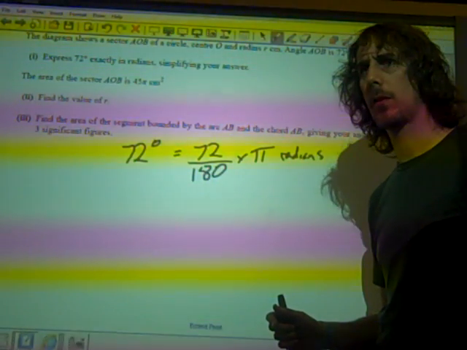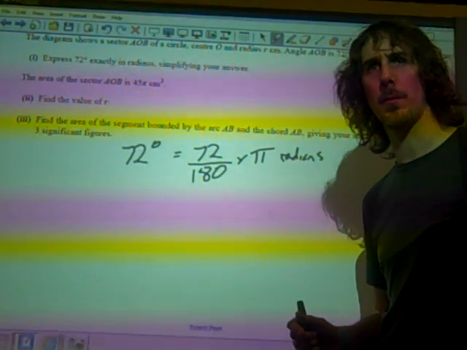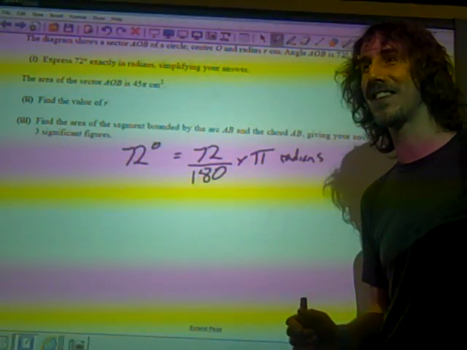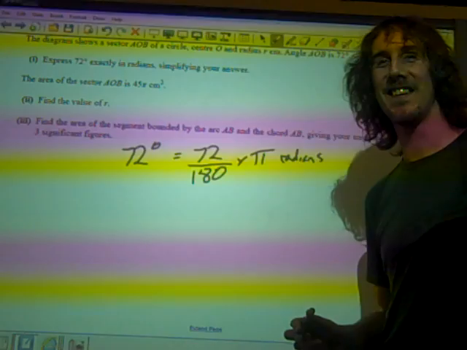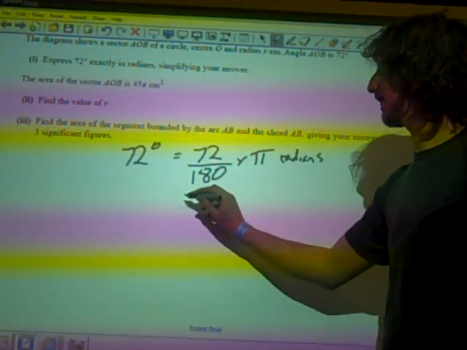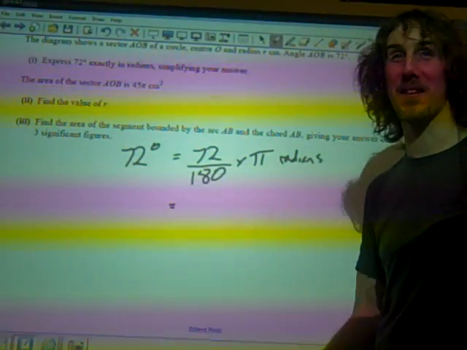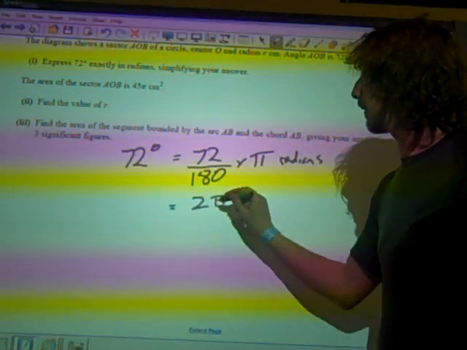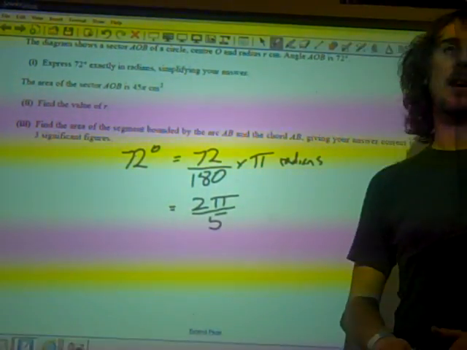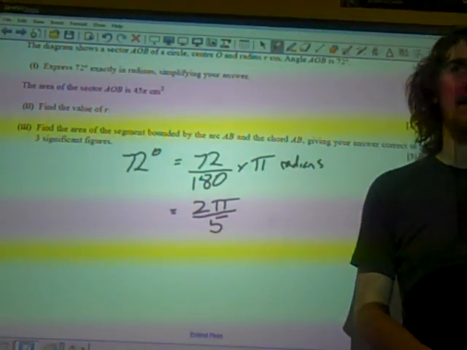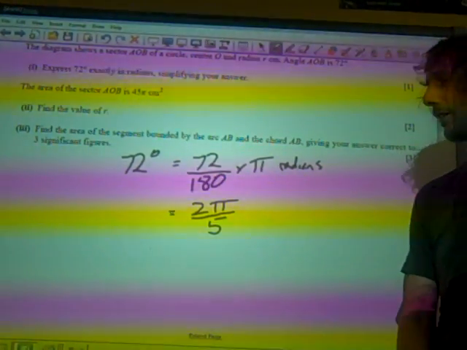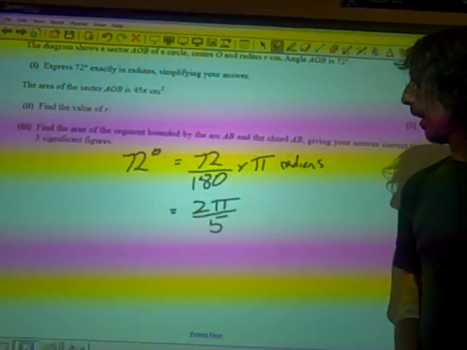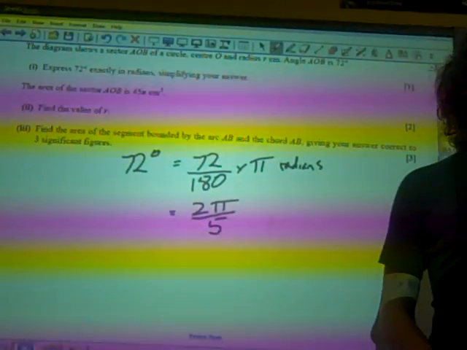So it would say 2 over 5. So it'll say 2 pi over 5. Yes, 36 goes in 72 twice and 180 5 times. There we go, that's quite a neat one mark.